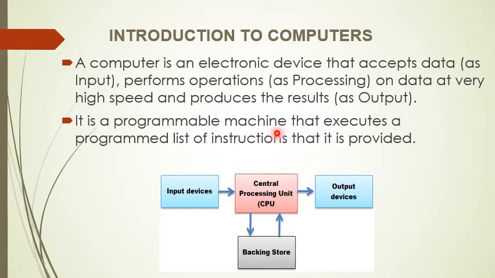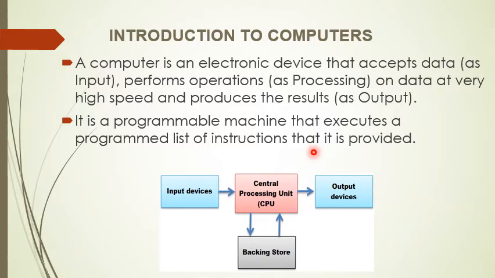It is a programmable machine that executes the program, a list of instructions that is provided. What we give to it, that is the input, but inside it some program is there which will perform operations related to that data and follow instructions.